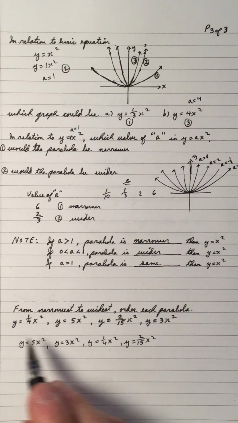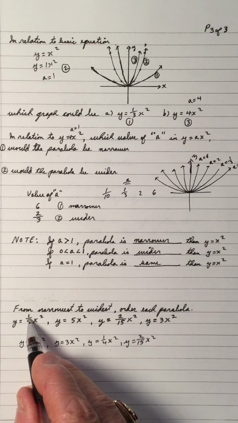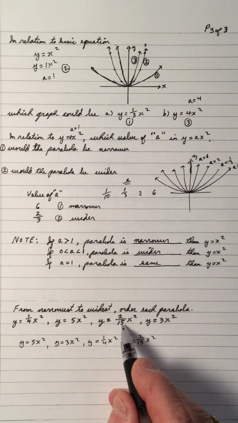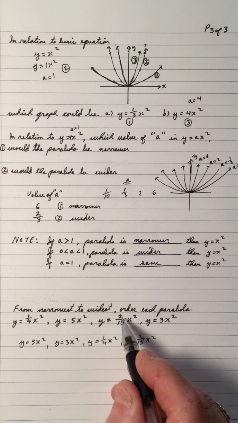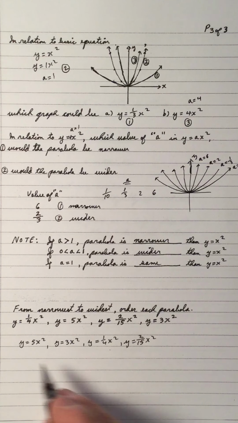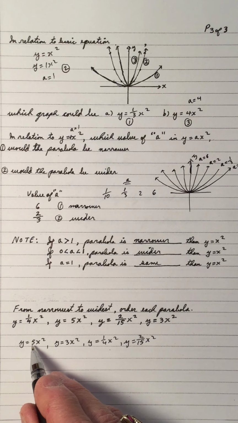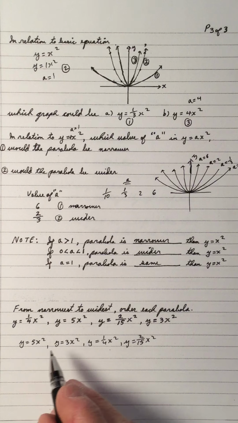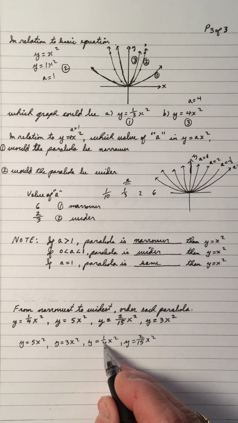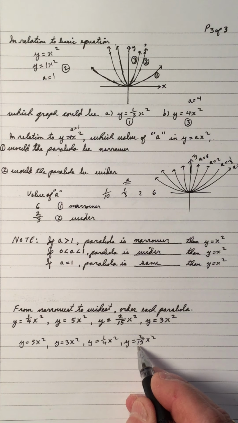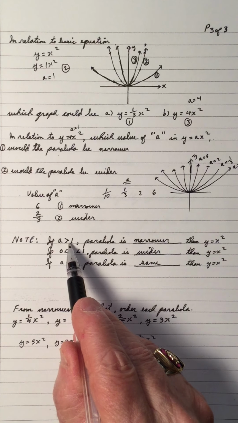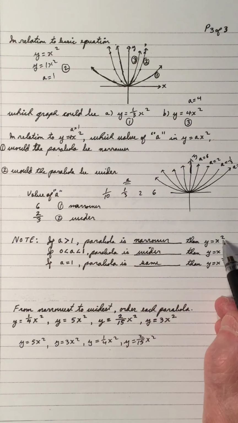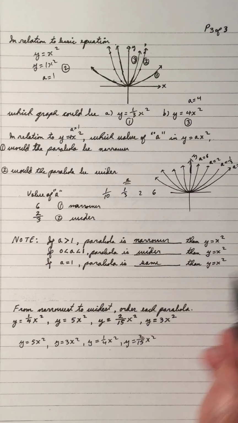If you want, use a decimal, or you can go with a common denominator of 60, but 1/4 is larger than 2/15. Use a calculator and change it to a decimal. So the narrowest one would be the biggest number, 5. Next one is 3. Next one is 1/4. Next one is 2/15. So the larger the number, the narrower it's going to be compared to the basic parabola, compared to y equals x squared.